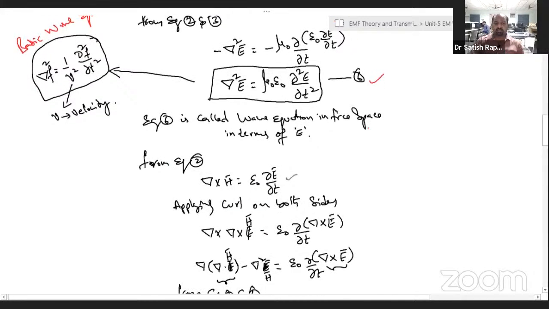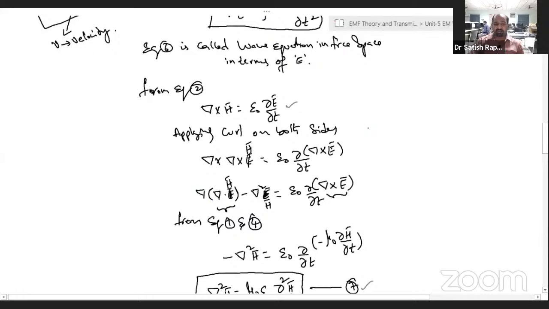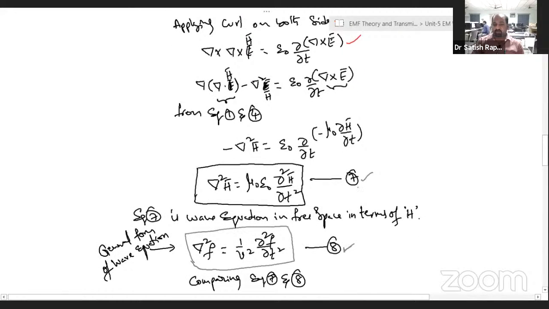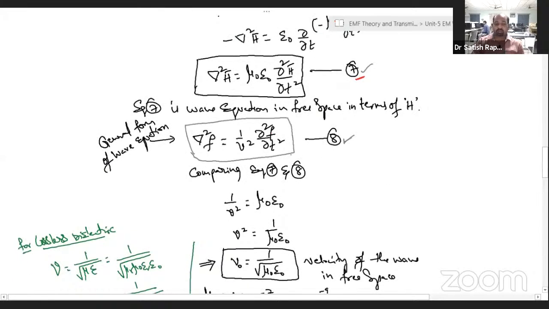We can also express the wave equation in terms of magnetic field by considering equation 2 and following the same process: applying curl on both sides and simplifying. This is the general form of the wave equation, and these two equations are compared.